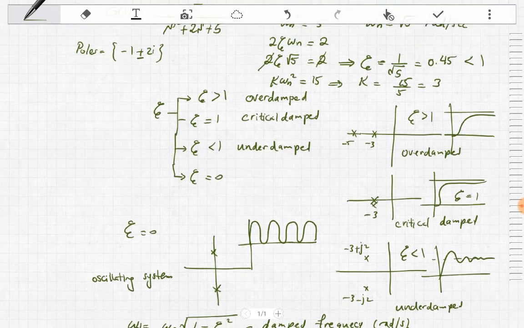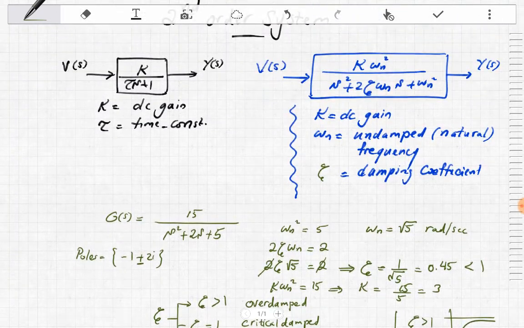Very simple. Let's go to the equation. This is the standard form. If I ask you to find the poles of the system, what are you going to do? You are going to take the denominator and make it equal to 0. And this denominator has a name: the characteristic equation or characteristic polynomial.